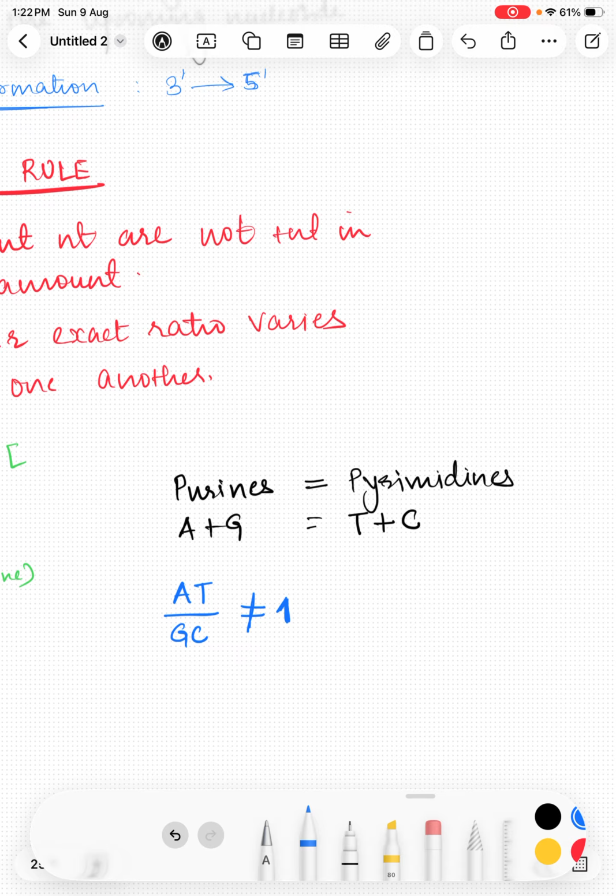It varies in almost all species. In some case it could be equal, but it is very rare. It is usually different in different species.